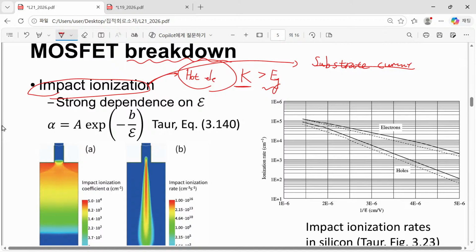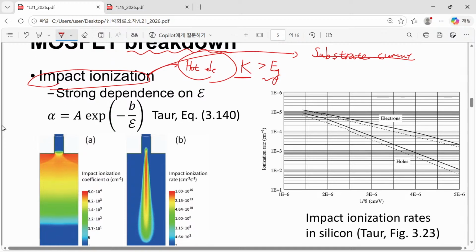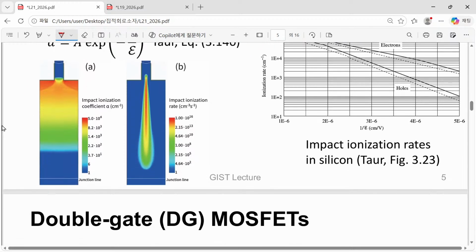This breakdown means that when we apply even higher voltage, something happens. Usually, here we have a ball. If we release it, it experiences free fall, then it bounces, and once again it free falls and bounces.